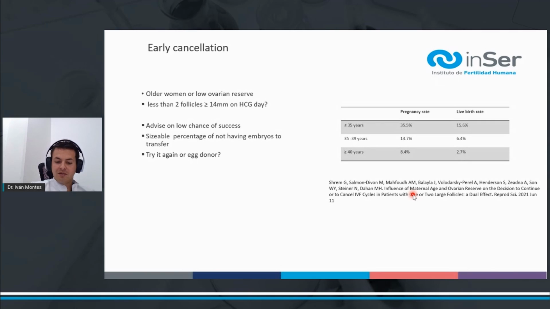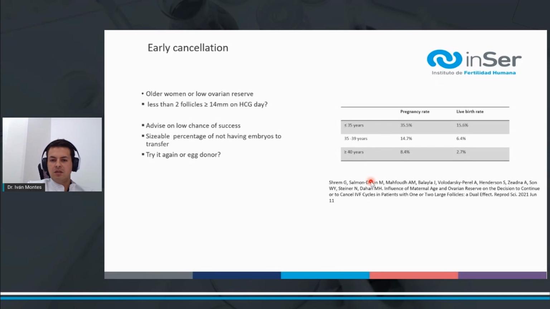This same question was asked by Shem et al. when they conducted a study with patients with poor response to COS treatment during IVF cycles, considering that a poor response was having less than 2 follicles larger than 18 millimeters. And the answer will be mainly related to the age of the patient.